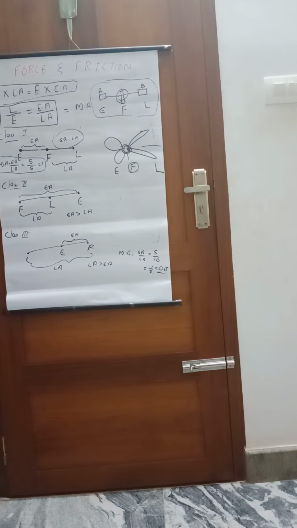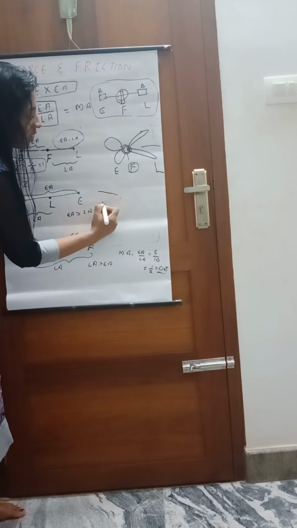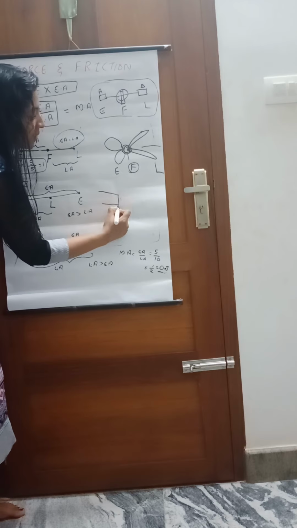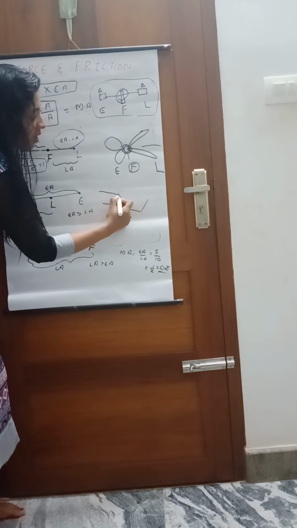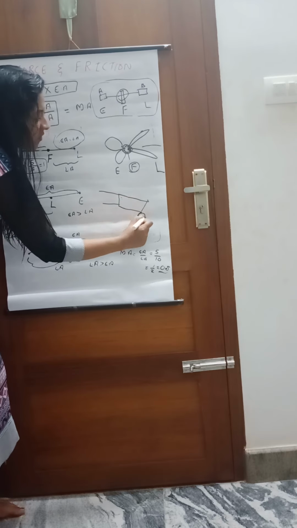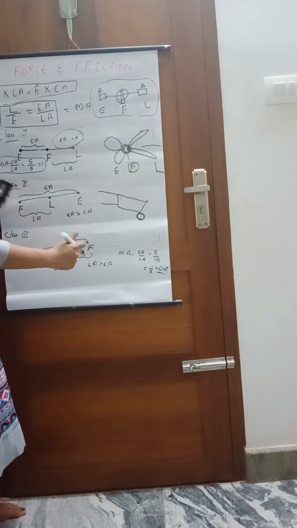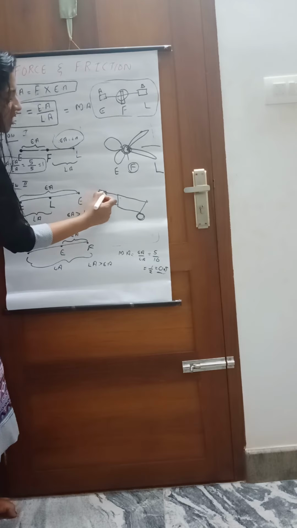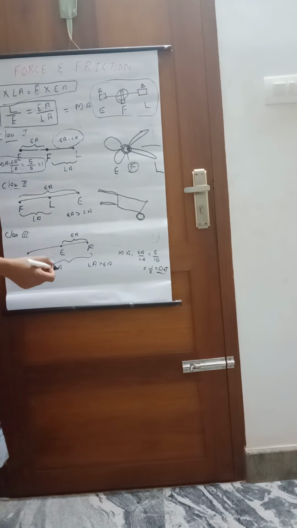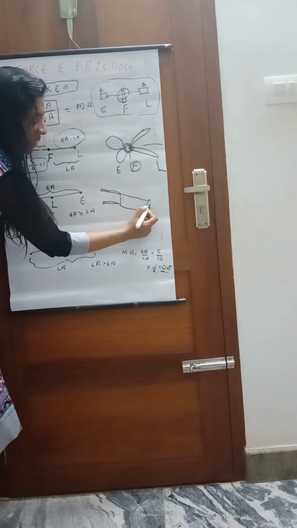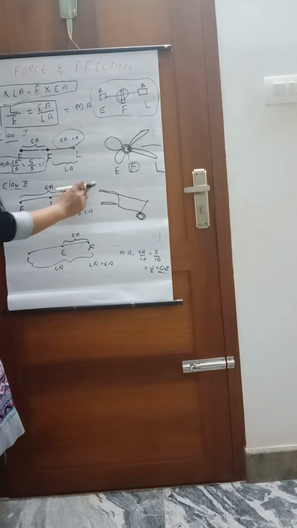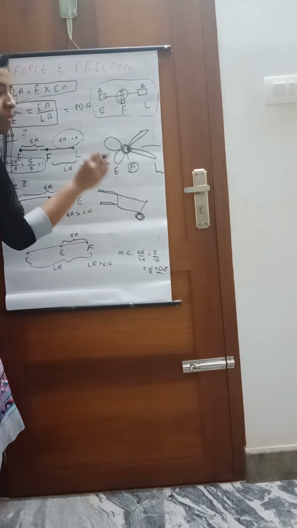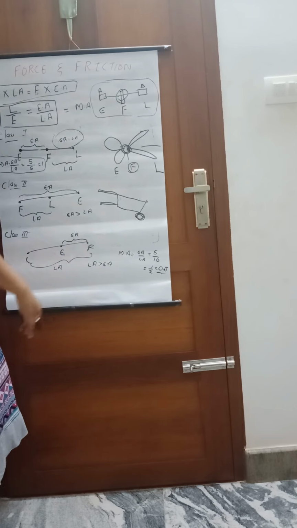Next one. Maybe you might have seen a vehicle like this, which is used to carry bricks or any objects. We push this vehicle like this, for carrying waste or bricks or something. This is the wheel of that vehicle, this is the handle, and this is the place where we fill the waste or bricks.